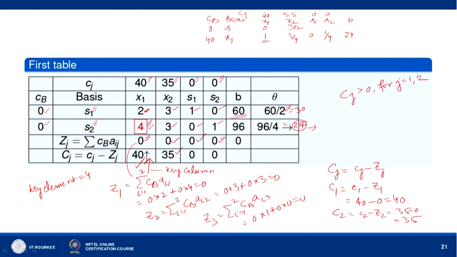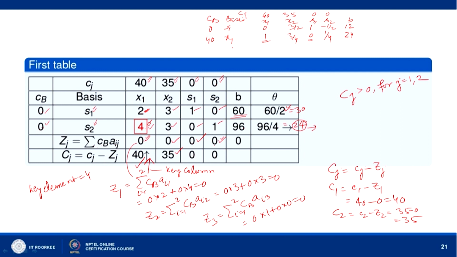We multiply the 0 by 2 and subtract from 1, so we get 1. Here we multiplied 1 by 4 by 2, so we get 1 by 2, and we subtract it from 0. So, minus half we get here. And here, 24 is multiplied by 2, we get 48, and 48 is subtracted from 60, we get 12 here.